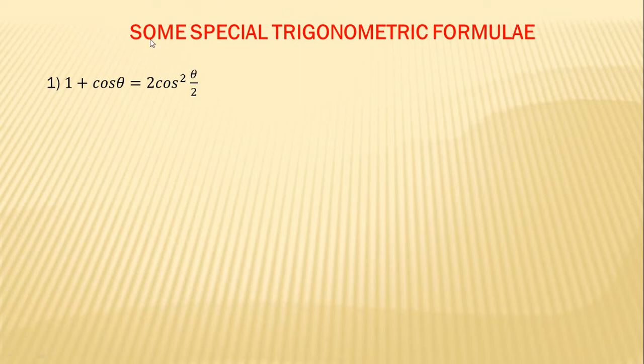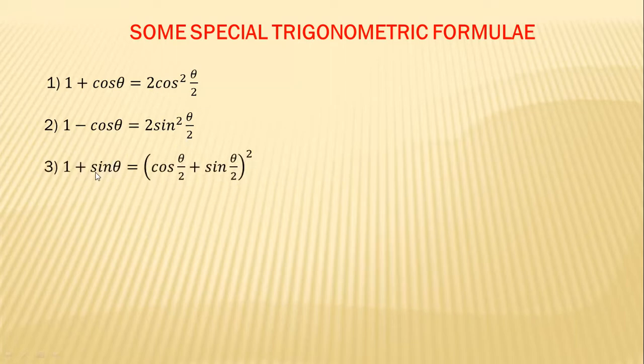See here, the first formula that we have discussed is 1 plus cos theta is equal to 2 cos square theta by 2. Then 1 minus cos theta is equal to 2 sin square theta by 2.